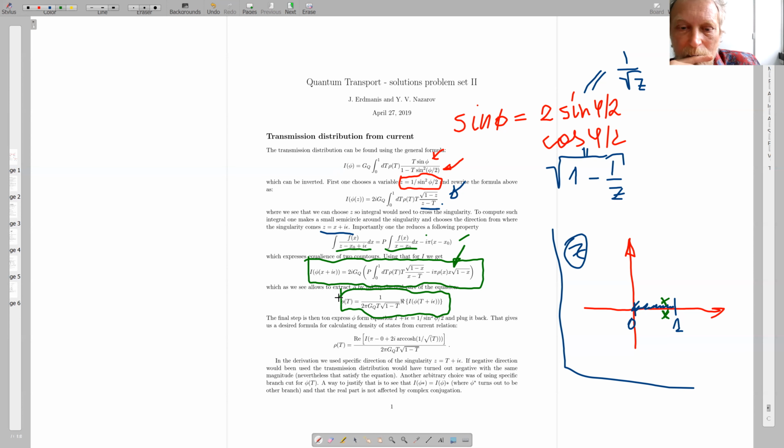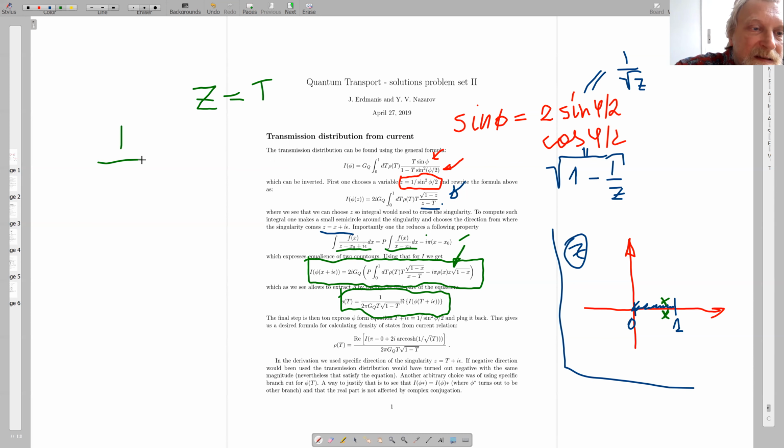Now we just want to reverse this variable. So we have z equals, let's see, z equals t.